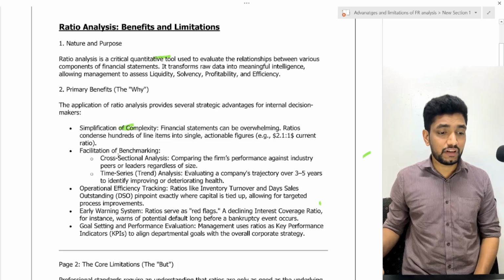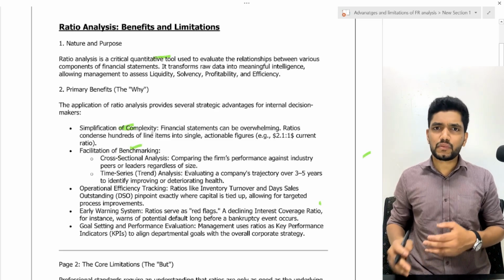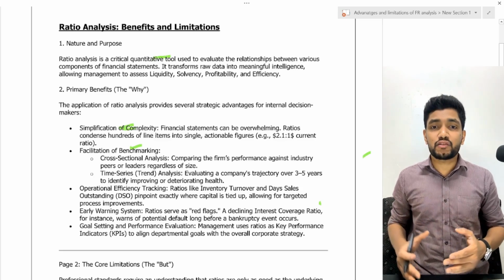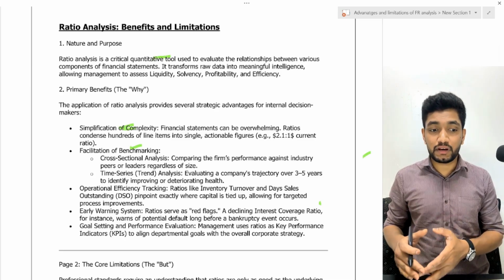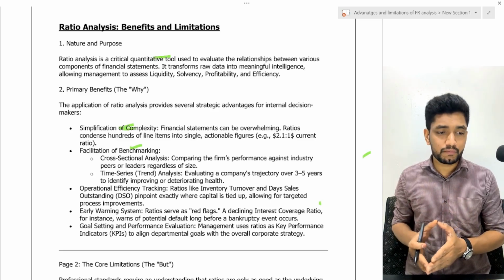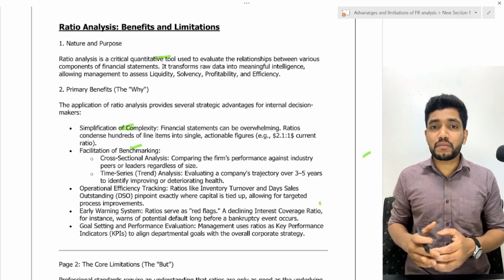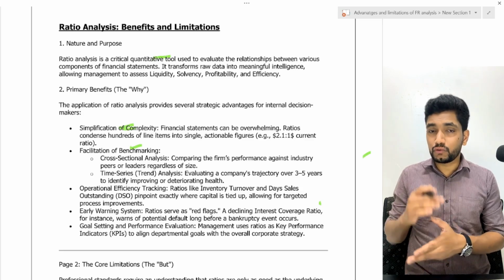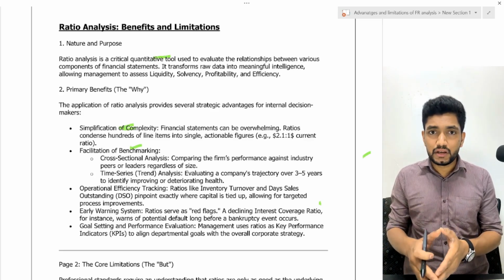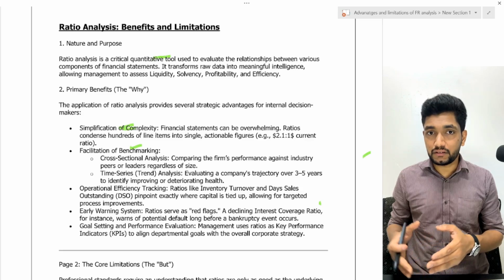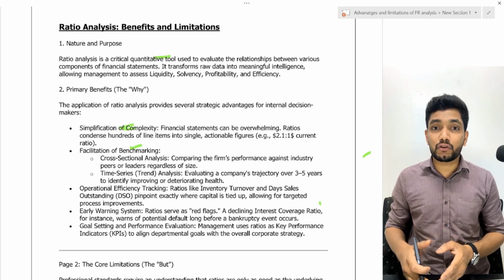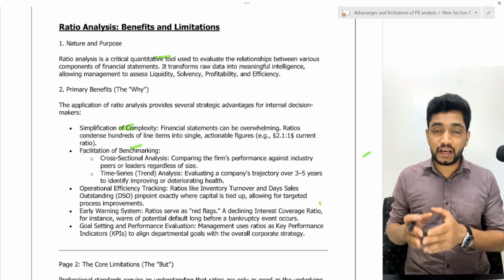The second benefit is facilitation of benchmarking. Ratio analysis helps companies compare their performance against industry benchmarks or standards to see how the company is performing. Assume one company sells 100 tons and another sells 500 tons. Even though the levels of activity are different, comparisons like profitability or current ratio can still be very effective.